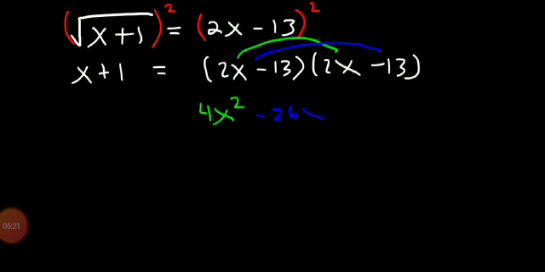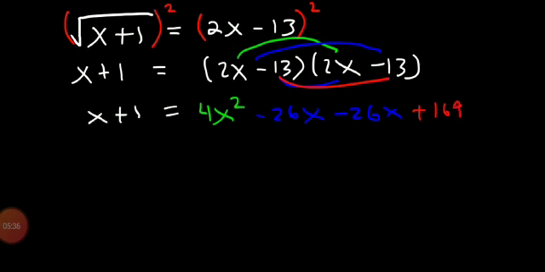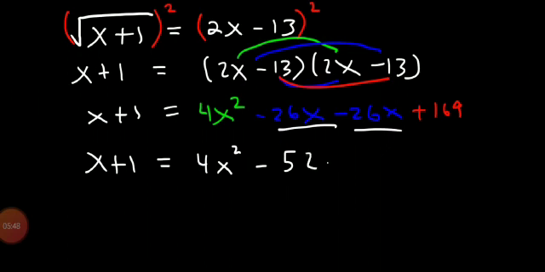Then 2x into 2x, 4x square, 2x into negative 13, minus 26x. For the second term, minus 13 into 2x, minus 26. After that 13 with 13, 169, and the negative sign is repeating, so it will become a positive sign. x plus 1 is equal to 4x square. The sum of 26 with 26 is equal to 52.